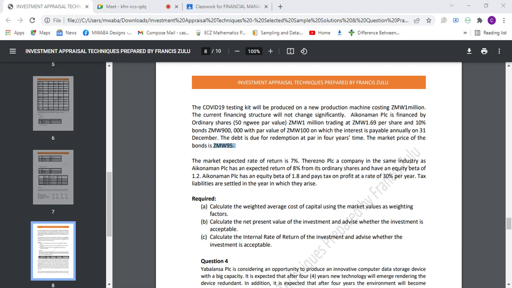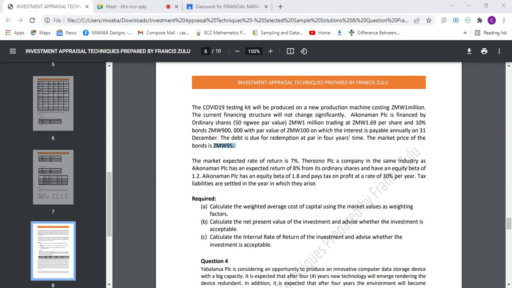Hi, Mr. Mwaba. In the first calculation, when we're finding the equity value, we use the market price, which I feel is different from the market price of debt. We're using 95 here, but previously it wasn't 95.